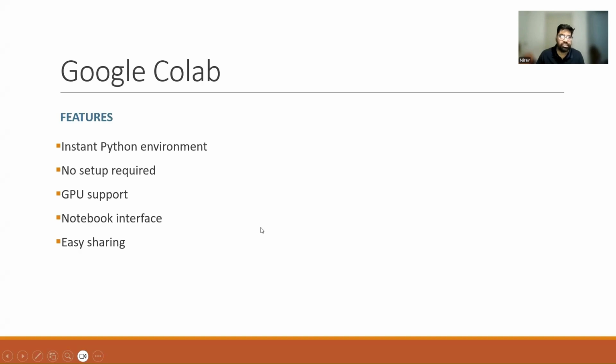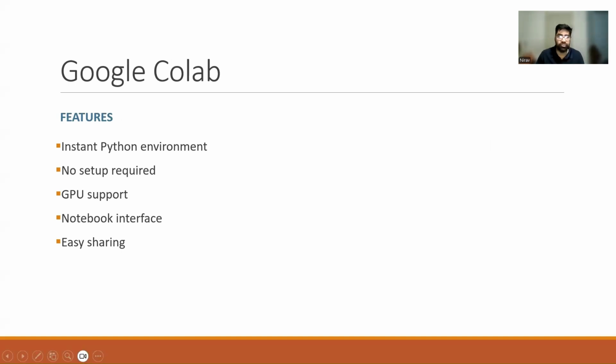Some of the important features of Google Colab include, of course, an instant Python environment. You can just directly log in and start using it. No setup required. It provides GPU support, although for limited time if you are using the free version.